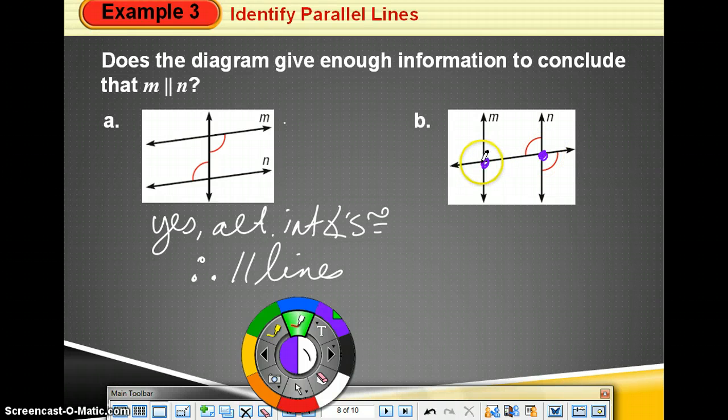We don't know anything about this intersection where M is intersecting with T, so we're going to have to say no. We know nothing about the second intersection. And you could abbreviate intersection with INT.